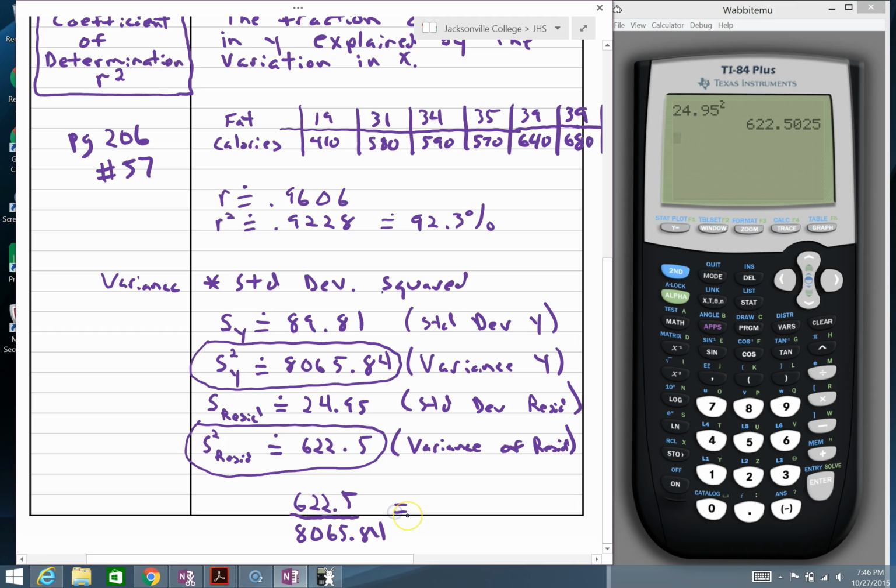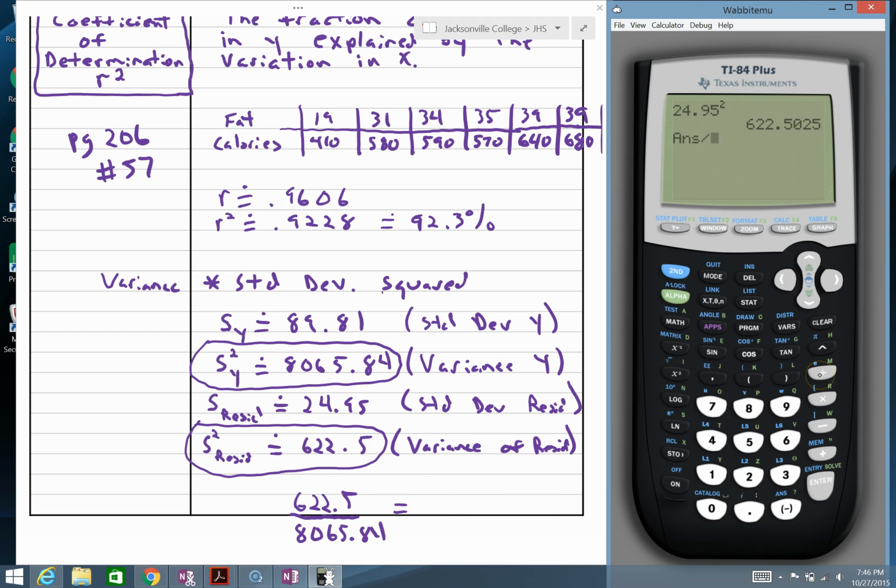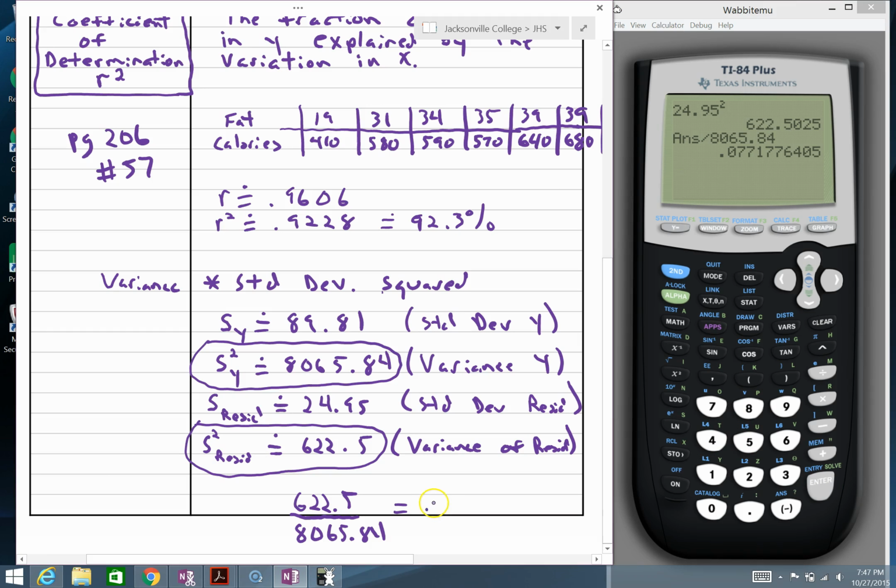All right, this quotient, the previous number divided by 8065.84, is approximately 0.077. That is 7.7%.